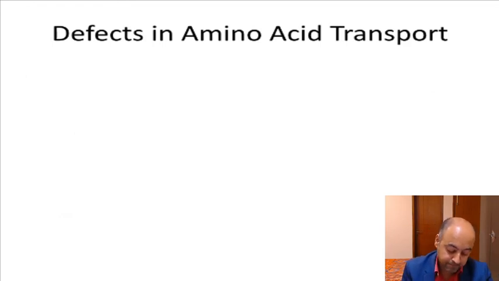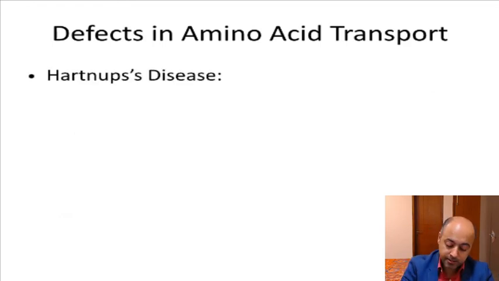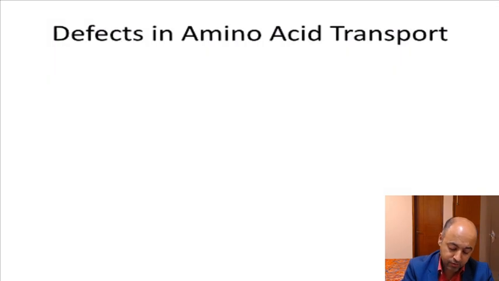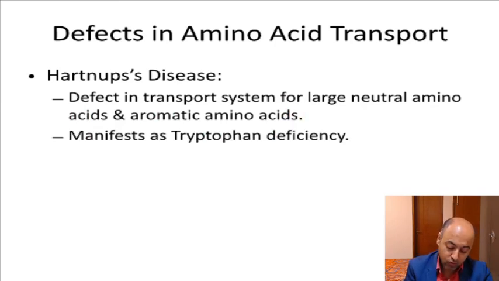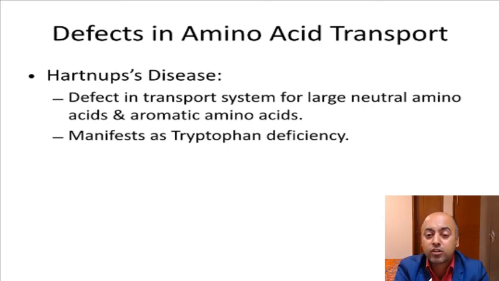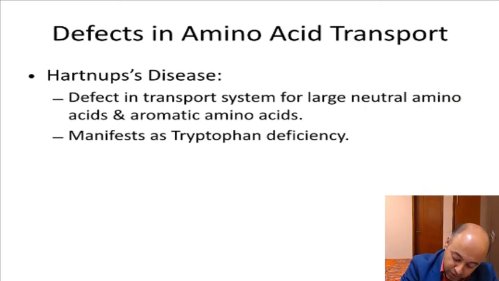in cystinuria. Second condition is Hartnup disease. In Hartnup disease, there is a defect in the transport of large neutral amino acids and aromatic amino acids. One of those amino acids is tryptophan. So tryptophan will get lost in the urine, it will not get reabsorbed. So it will manifest as tryptophan deficiency. Remember, tryptophan gives rise to niacin, that is vitamin B3.